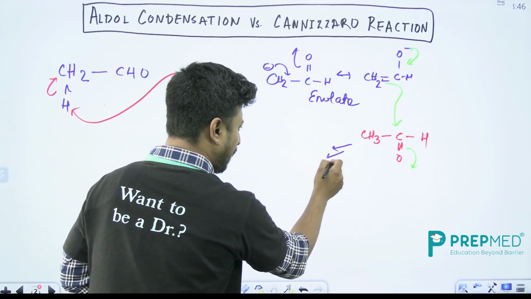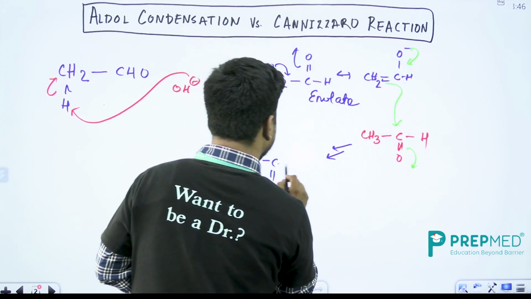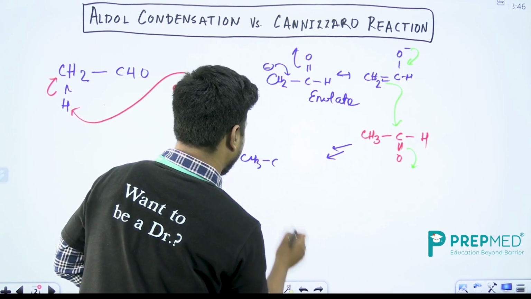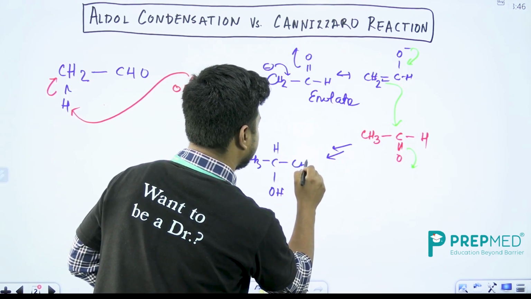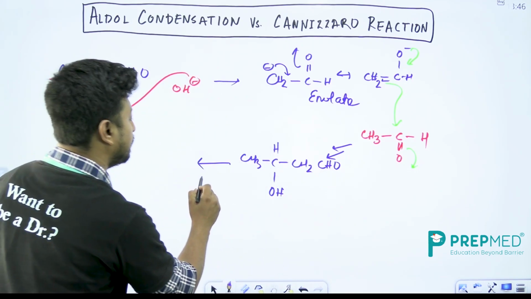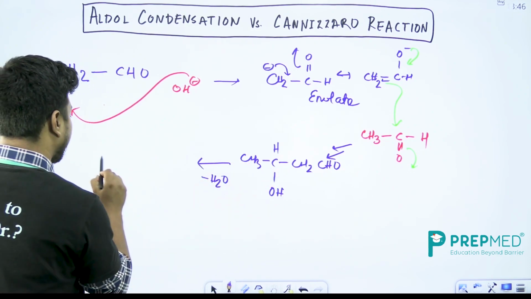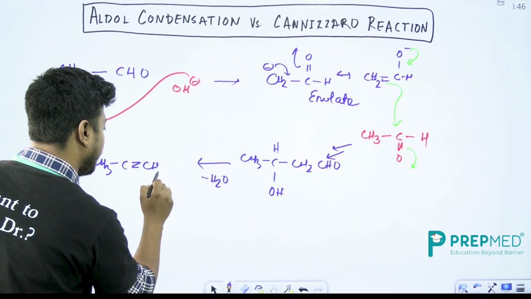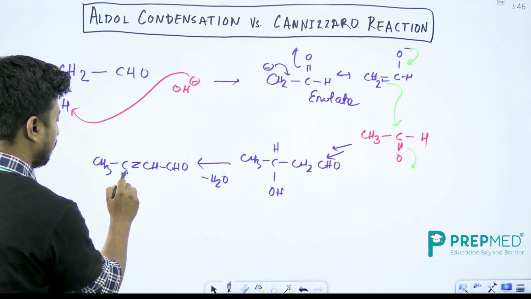Next step, what product is formed? I am writing the final product here: CH3CH(OH)CH2CHO. This molecule undergoes dehydration and forms CH3CH double bond CHCHO, like this.